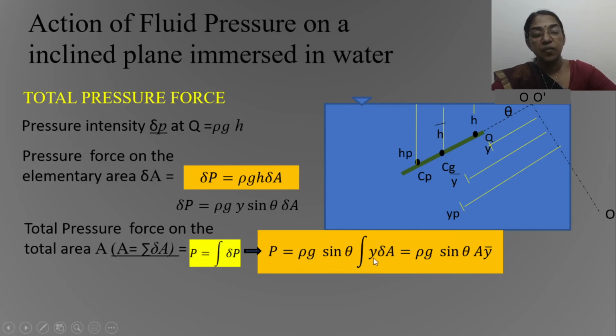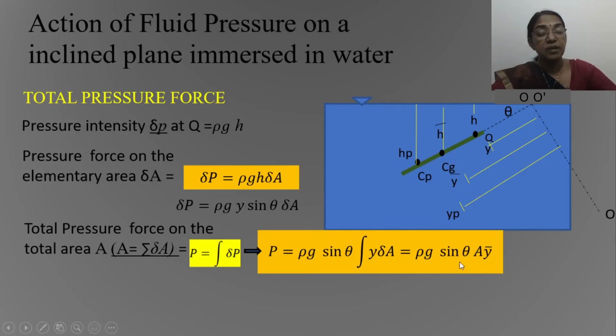So integral of Y delta A represents the moment of this total area about the axis OO. Integral of Y delta A is replaced by A into Y bar, where A is the total area of this plane and Y bar is the distance of the center of gravity with respect to this axis OO.